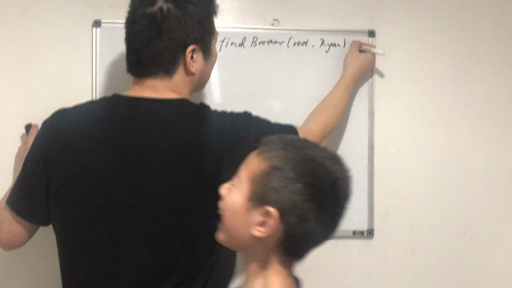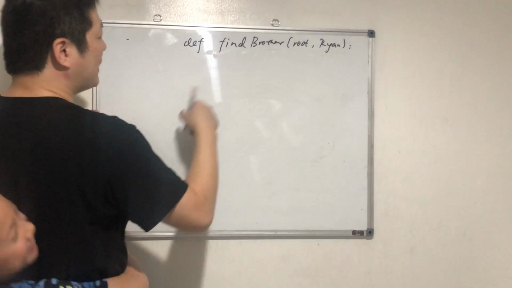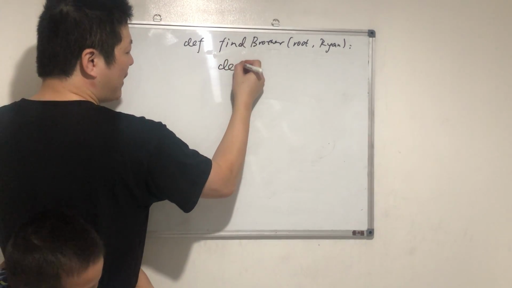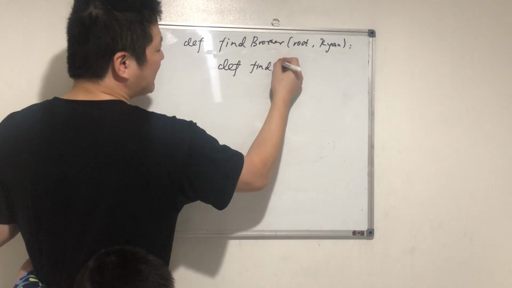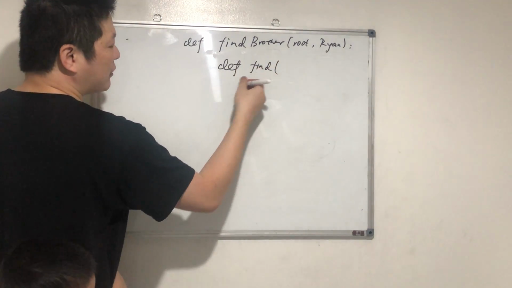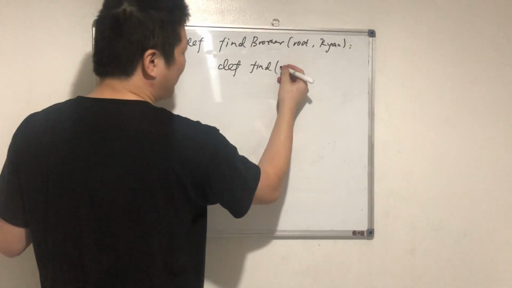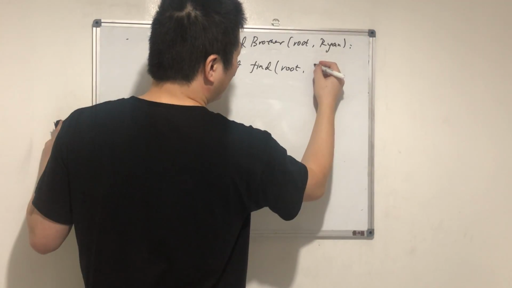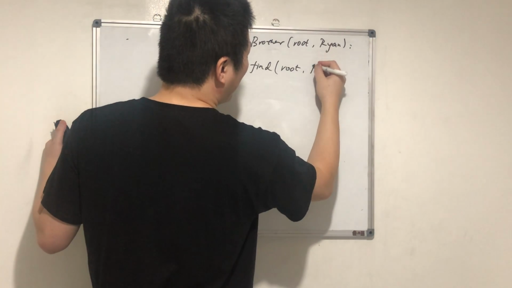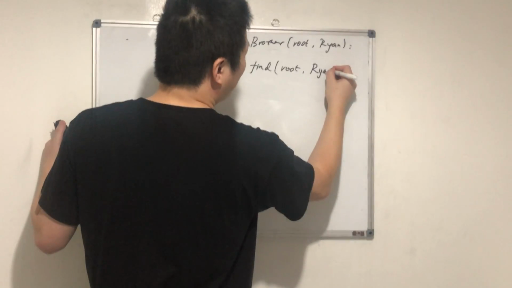What's missing? Colon. And then let's do a search function here. Define find, and let's add one more parameter here, because we need to know the sibling. So let's say root. We are finding the brother and we are passing the sibling.